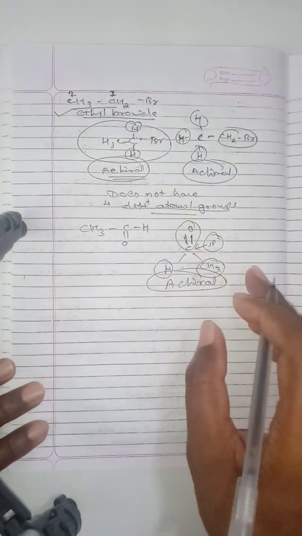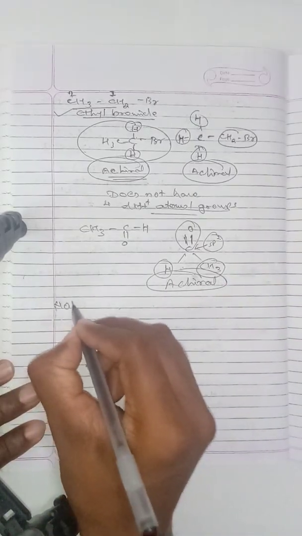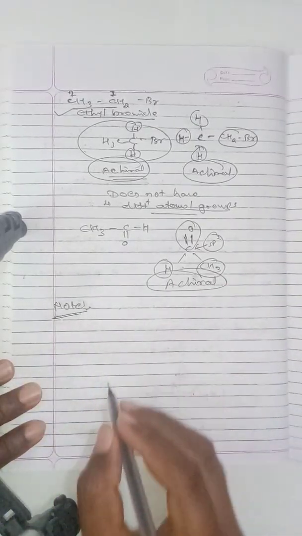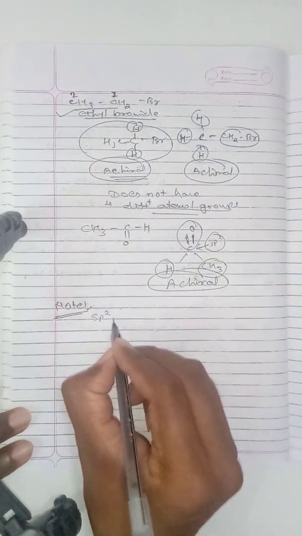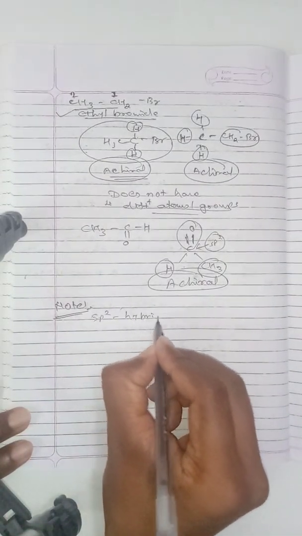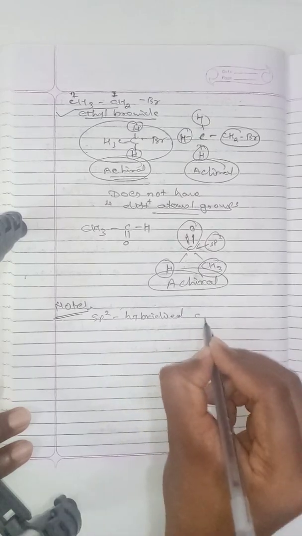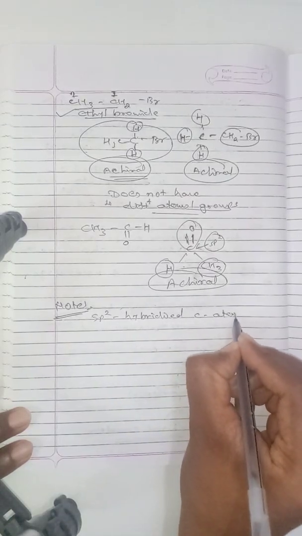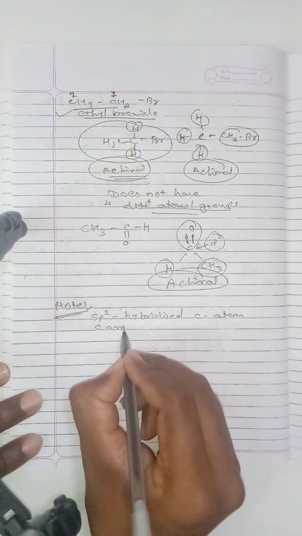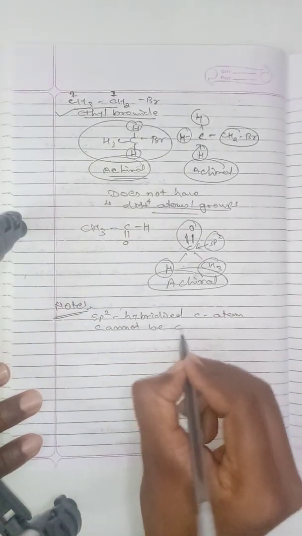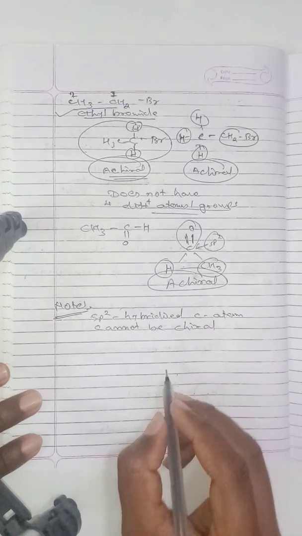An sp2 hybridized carbon atom cannot be chiral.